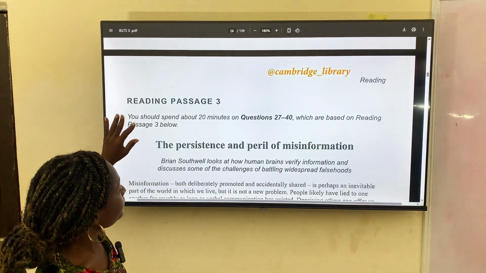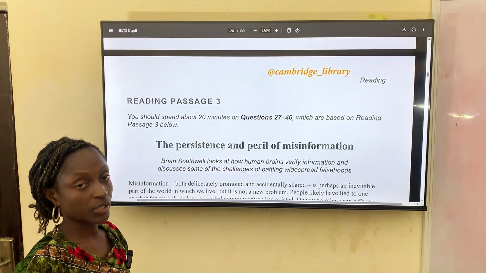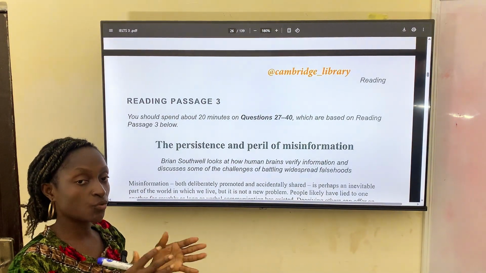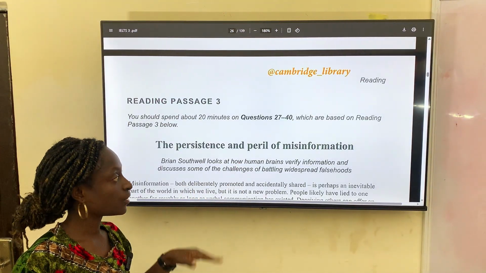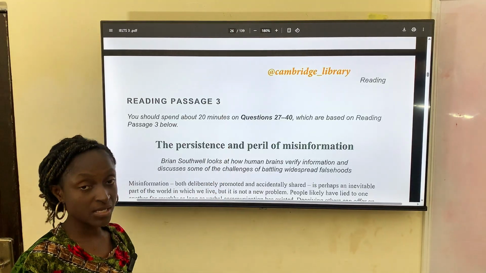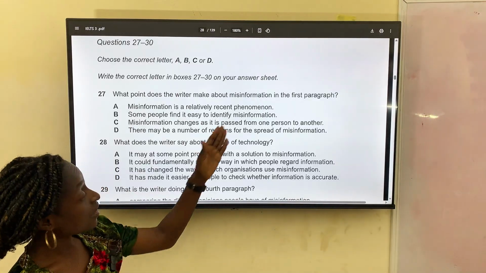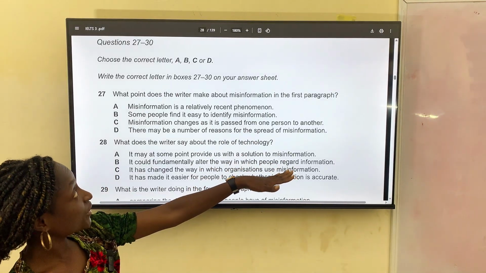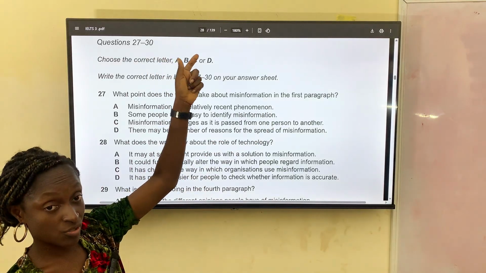Now this last section also has 3 different question types or more. So we are going to look at the question types common to passage 3. You see that this is the first set of questions under the last section, multiple choice, 27 to 30.